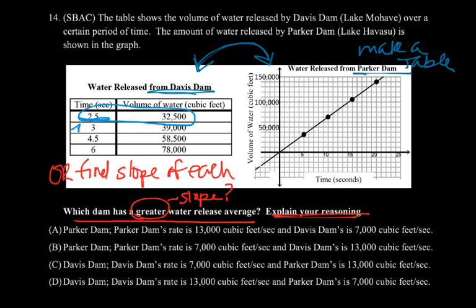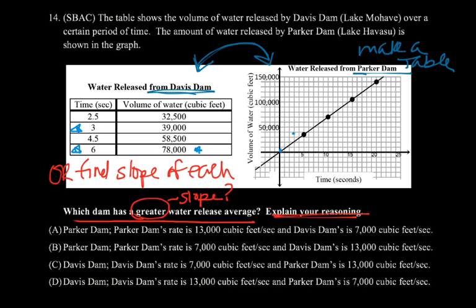An option that I have is I can graph their whole numbers, and hope that I get a better read here. Let's see if it lets me zoom. So 3 and 39,000. It would be right about here. We know it's going to start at 0, 0 because if we have no time, it's no water. And then I'm going to graph 6 and 78,000.